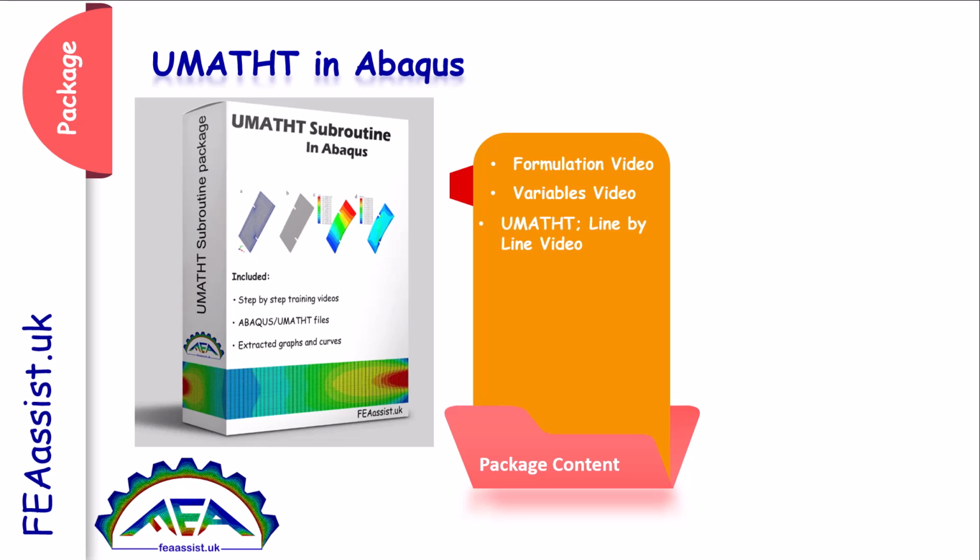We explain the UMATHT subroutine line by line, how to write it for the beginners. And the Abaqus model to run the UMATHT subroutine is explained step by step in another video. And result extraction, how to get the results, is explained also in details.